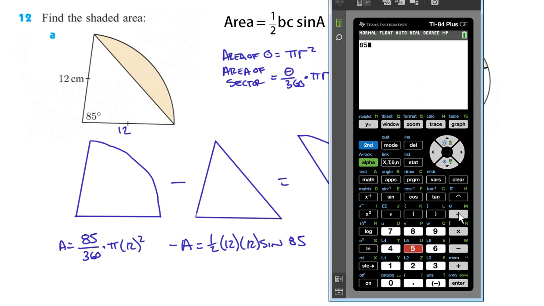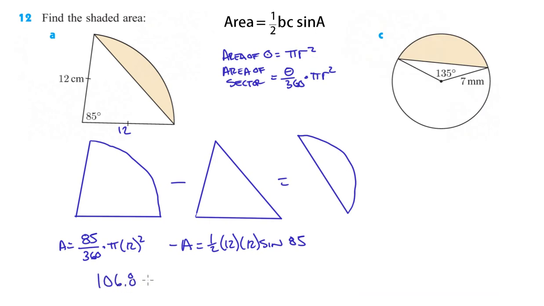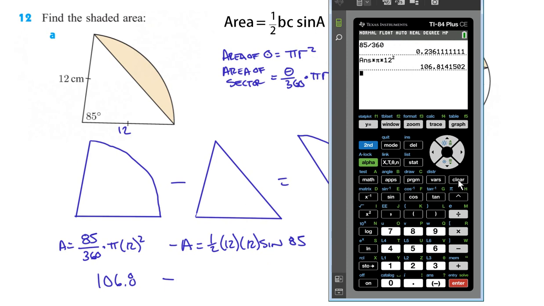So 85 divided by 360 gives us 0.236 times pi for mine, and then times 12 squared. And that gives us 106.8, we'll call it. Okay, and then we're going to subtract the area of this triangle here, which is 0.5 times 12 times 12, and then sine 85.